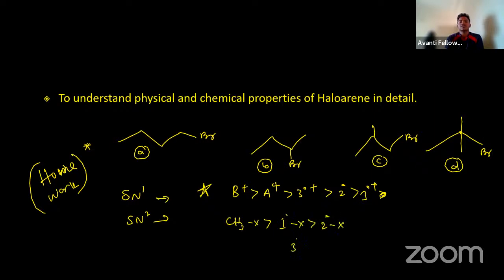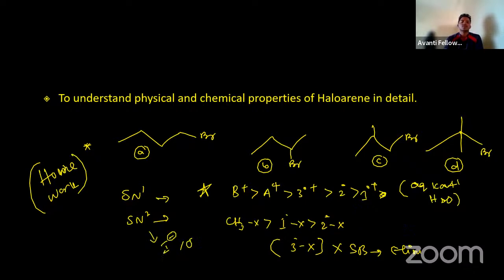It will not go with tertiary halide, which is not favored in SN2, but tertiary halide with a strong base will undergo elimination. So usually the reagents are aqueous KOH, H2O, usually polar protic solvents. For SN2, I minus, OH minus, CH3O minus. So strong bases or strong nucleophiles favor SN2.